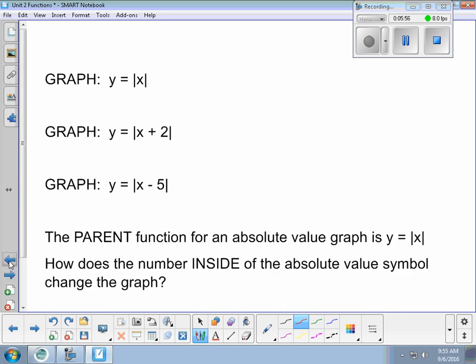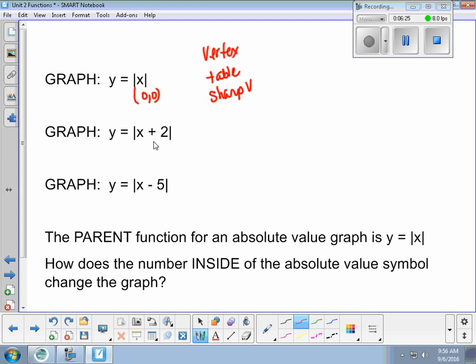Now we're going to see what happens with the value inside the absolute value graph. So you're going to follow the same steps. You're going to create a table of values after finding the vertex, plot those points, and make sure that it's a sharp V. So the vertex here would be (0, 0) for your parent function.